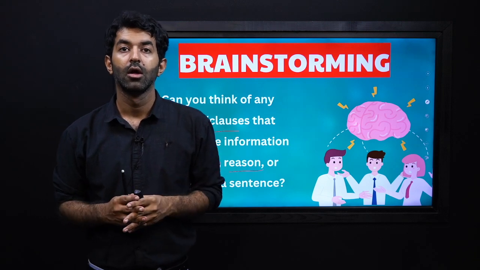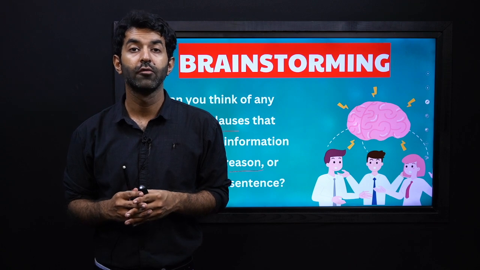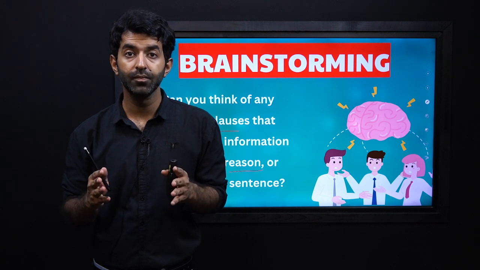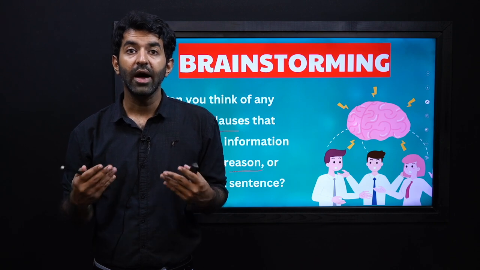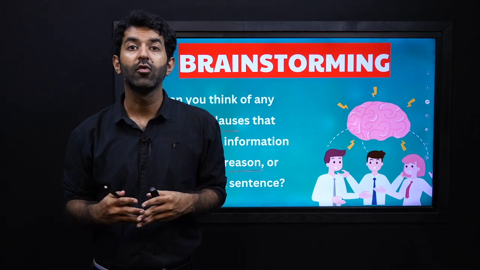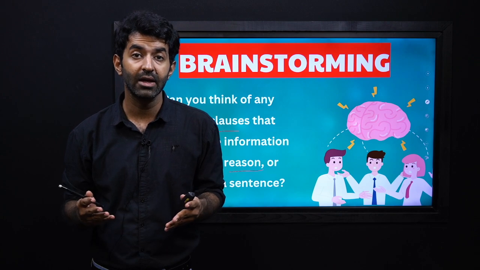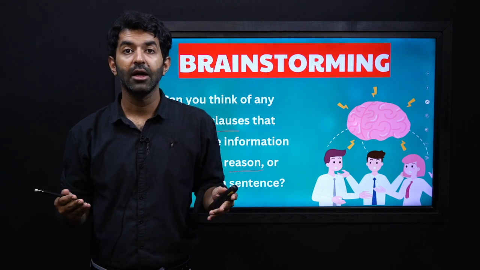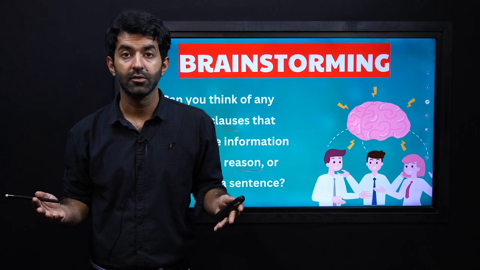Yes. Now, can you come up with examples of phrases and clauses? First, think about these two and then try to actually find out what are these different adverbs that we know. They are mostly ending in ly, and they are the adverb of time, place, manner, and also different things.